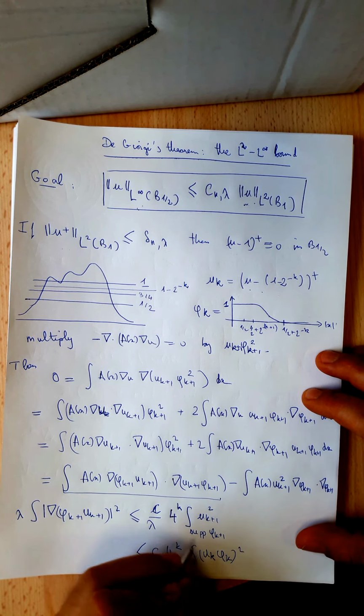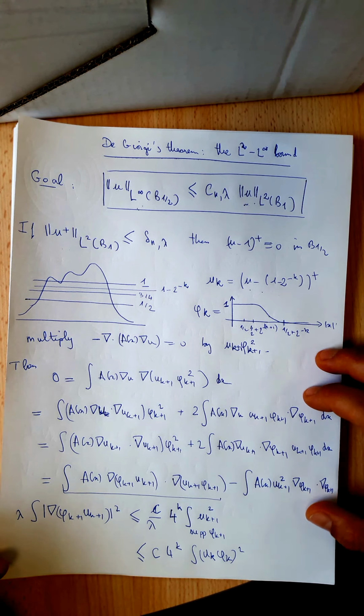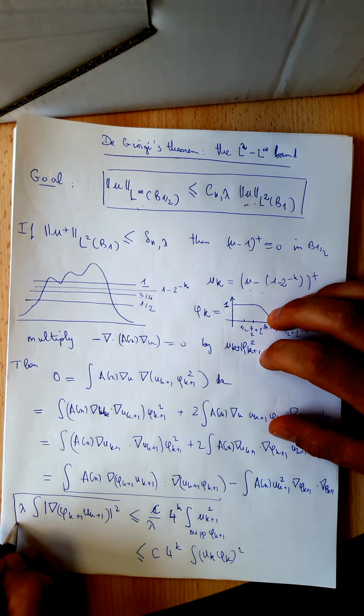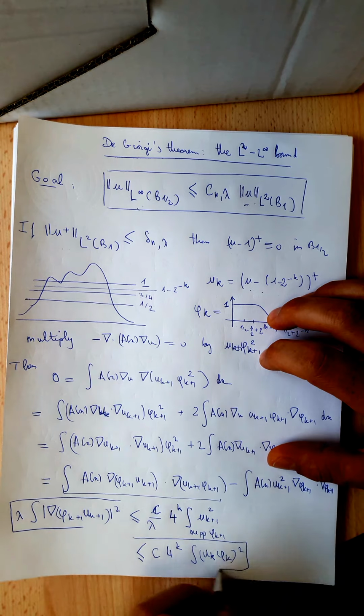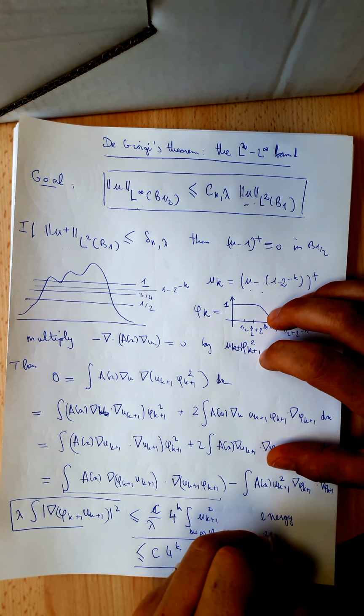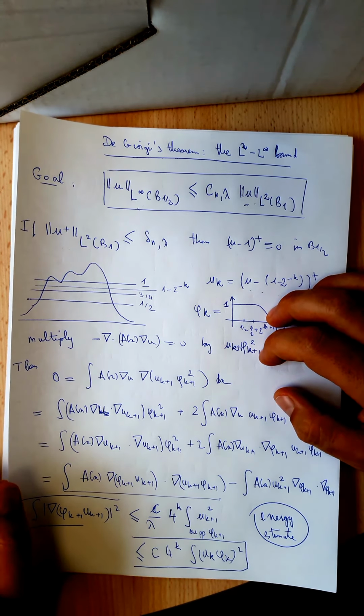Yes, I forgot to mention that also, obviously, u k plus 1 is going to be less than u k where we're looking. So we've come up with the following energy estimate that we're going to use again. So keep that in mind, this energy or Caccioppoli type estimate.